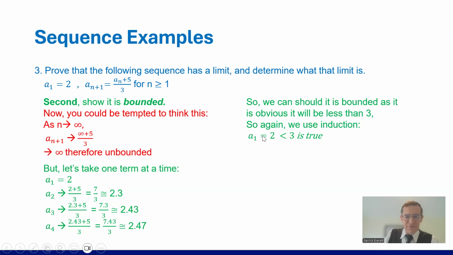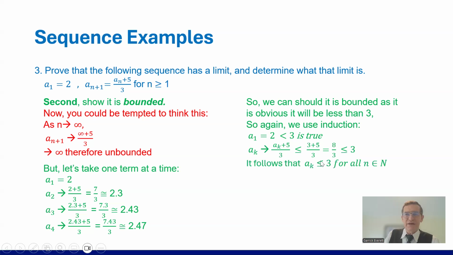So we see a_1 equals 2, which is less than 3. That's true. So now we're going to do a_k. a_k plus 1 equals a_k plus 5 over 3. And we're going to put 3 in there because it's not going to reach 3, so 3 plus 5 over 3, because we're saying that's our limit. 3 plus 5 over 3 is 8 over 3, and that does not get to 3.